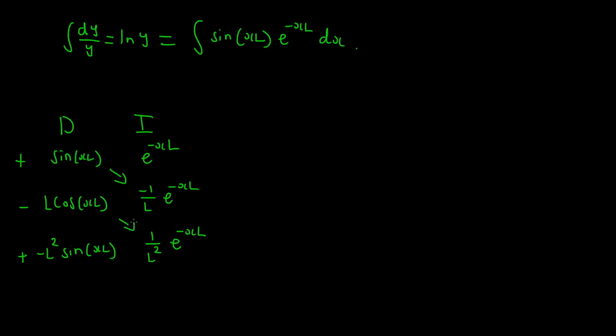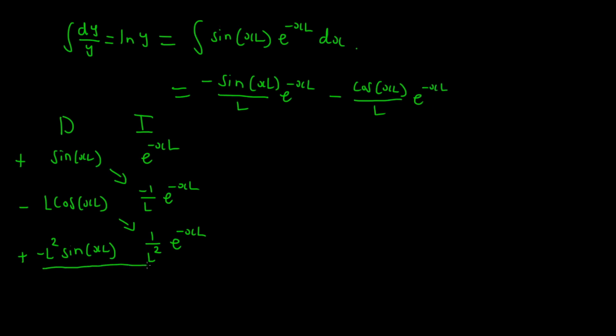We cross multiply for those terms, so we'll get minus sine of xL divided by L times e to the negative xL, and then again minus cosine of xL over L e to the negative xL, and now for this term we multiply directly across, and that just gives us back our integral, but this time negative.